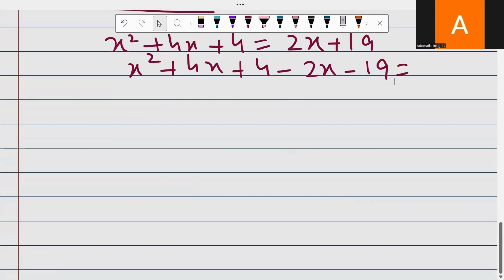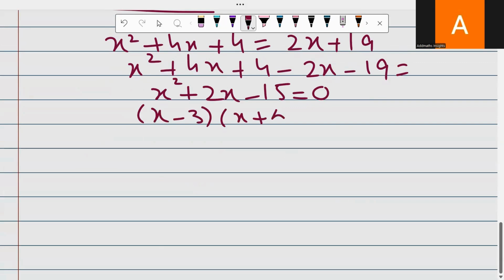Now we solve it. This is x squared plus like terms. You solve like terms and then you can factorize it, so your answer will be x minus 3 into x plus 5. Further, you find the values of x: x is 3 or x equals minus 5.